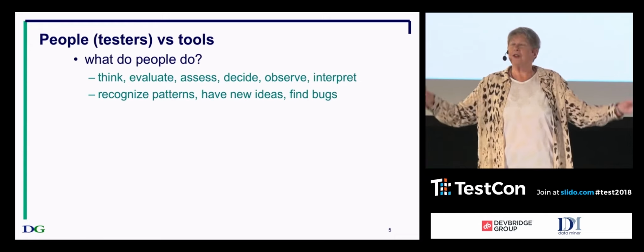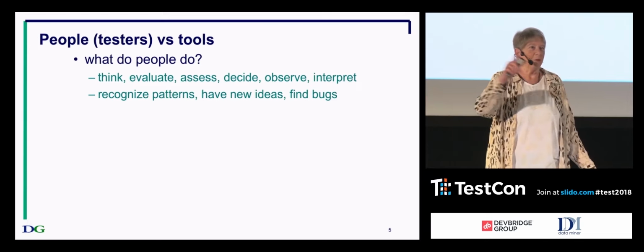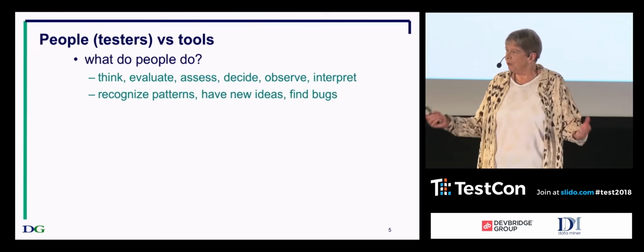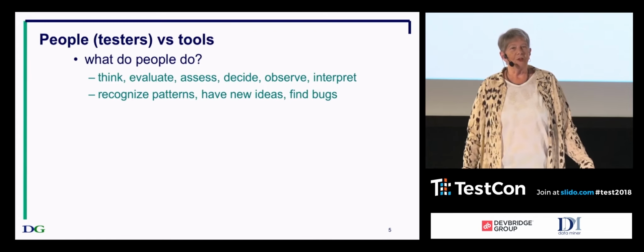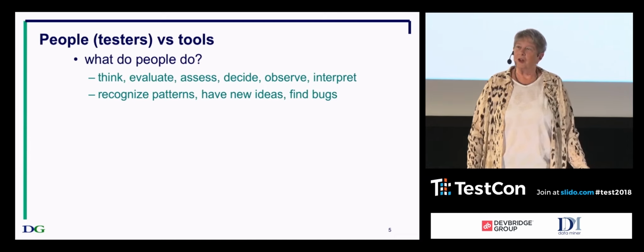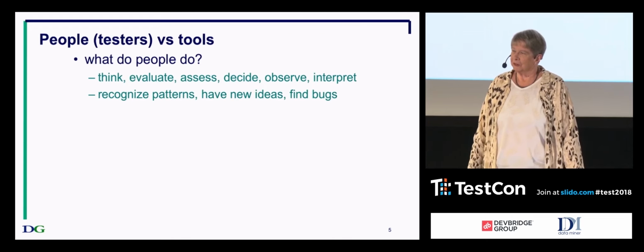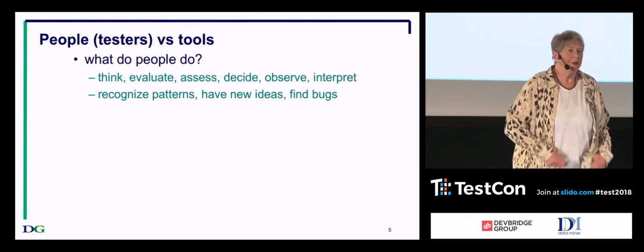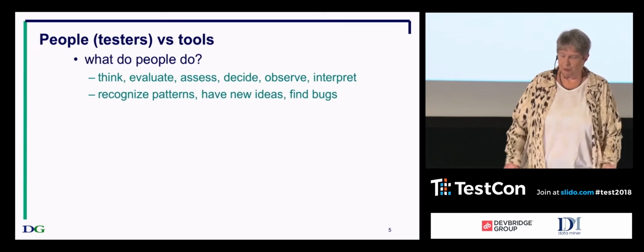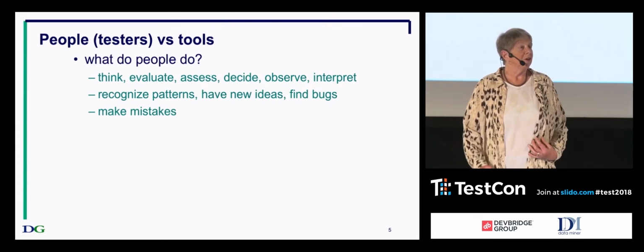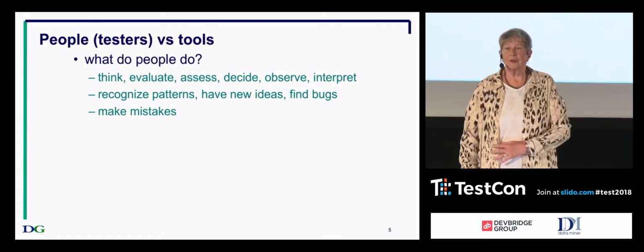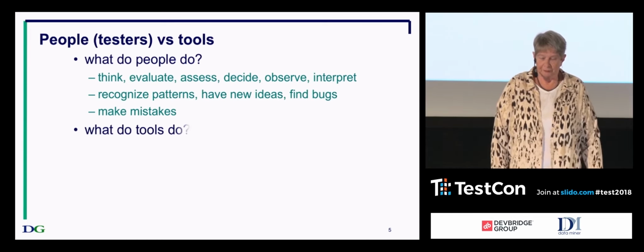Now, all these faces, how do I recognize that one person? People are good at that. Computers are getting around to it, but it's taken a long time, and they can be confused by putting on a hat or glasses, which people aren't. People also have new ideas, people find bugs, and people make mistakes. This can sometimes be quite an advantage.